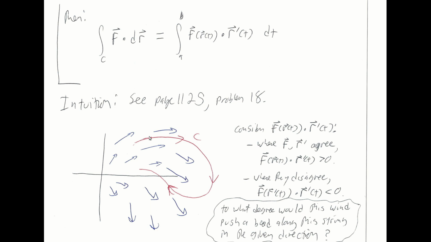And again, there'll be regions where the wind is pushing the bead along the string in the positive direction, and there'll be regions where the wind is attempting to push the bead back along the string, and those correspond to negative values. And so it gives you some sense of that. Hopefully that makes some sense. So this is the idea of a line integral of a vector field along a smooth curve C.